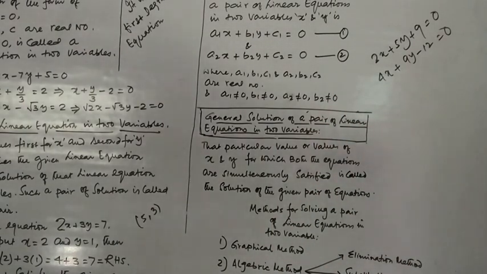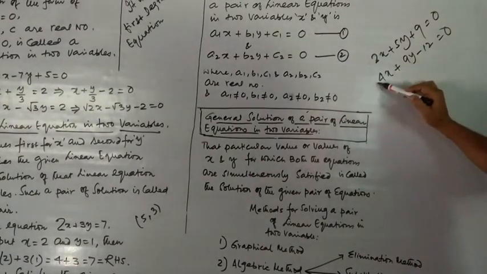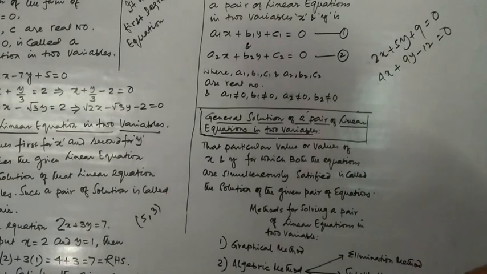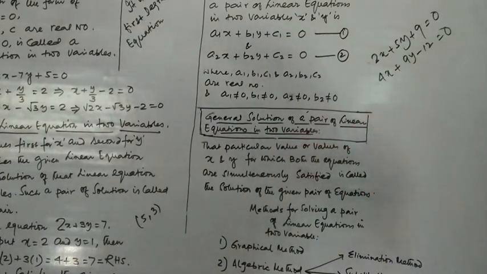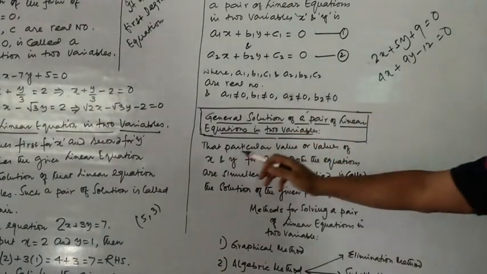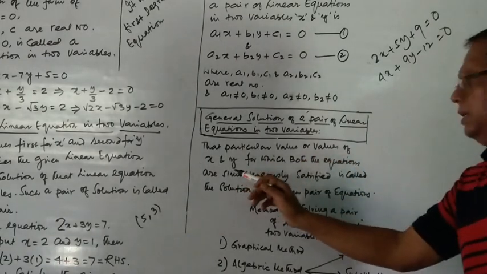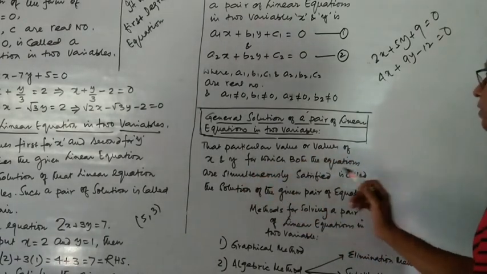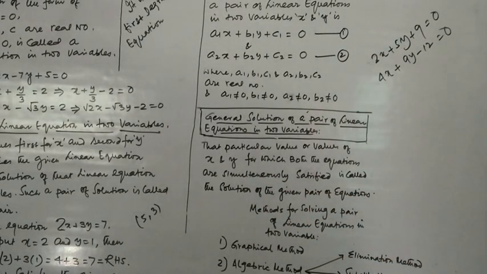Now, that very value of x and y for which both the equations are simultaneously satisfied is known as the general solution of a pair of linear equations in two variables. So I have written here that the particular value or values of x and y for which both the equations are simultaneously satisfied is called the solution of the given pair of equations.